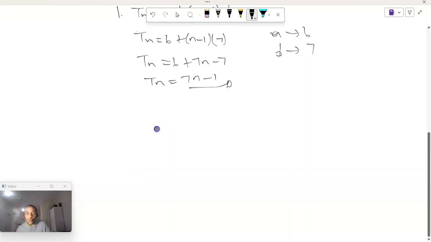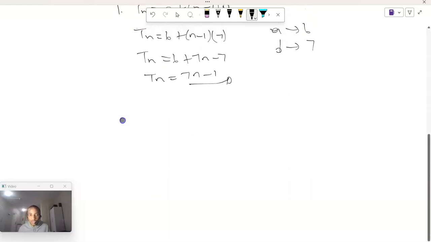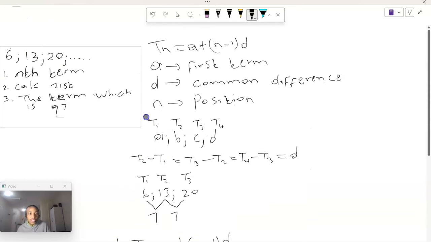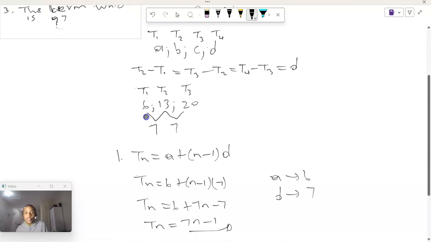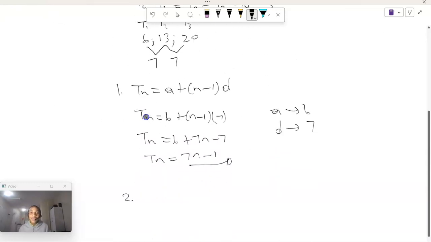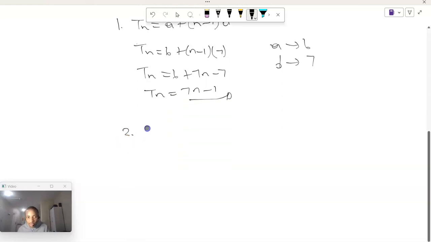Now we look at the second question: calculate the 21st term of the sequence. The 21st stands for the position, and you know that on your equation the position is represented by the small letter n, right? So we say Tn is equal to 7n minus 1.